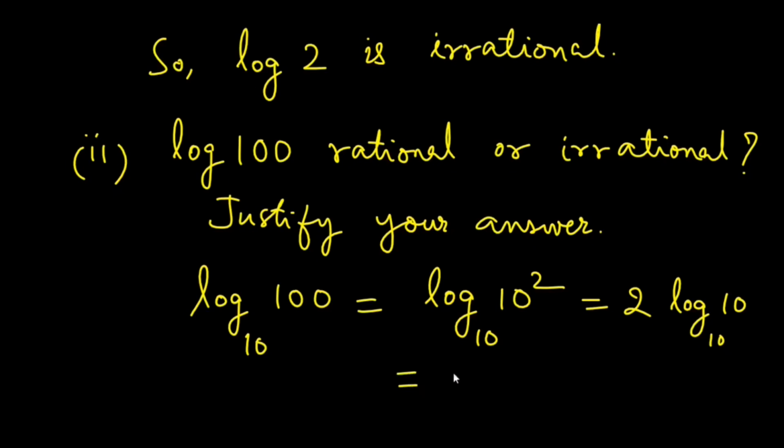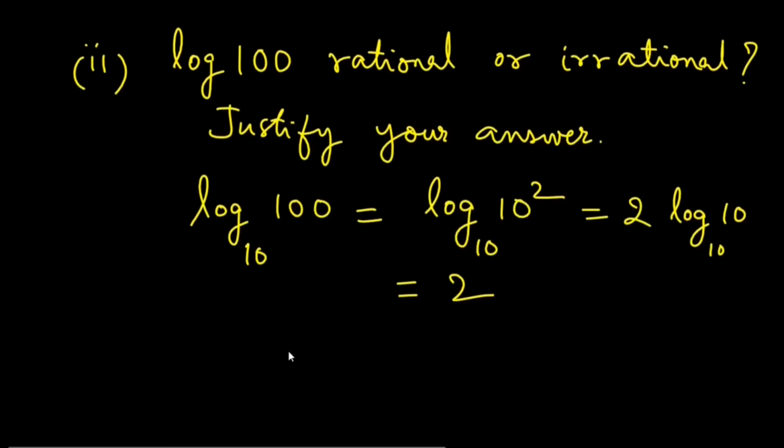This is equal to 2, because when 10 is raised to 2, we get 100. So log 100 is 2. 2 is rational. Therefore, log 100 is rational.